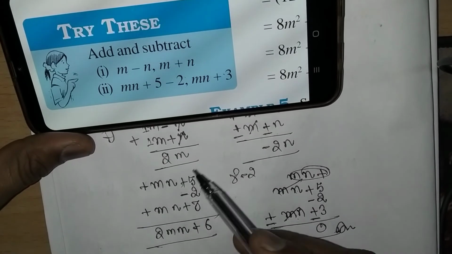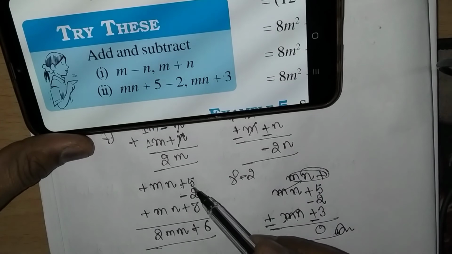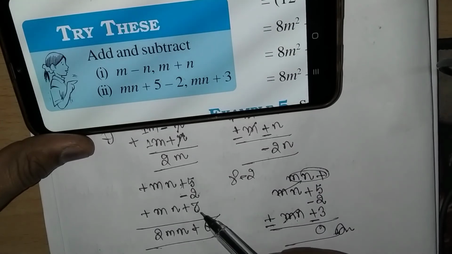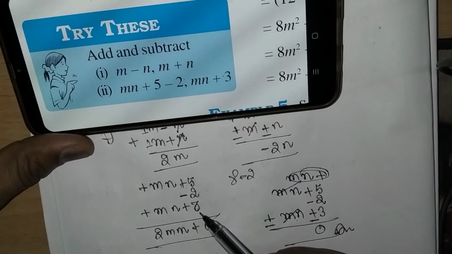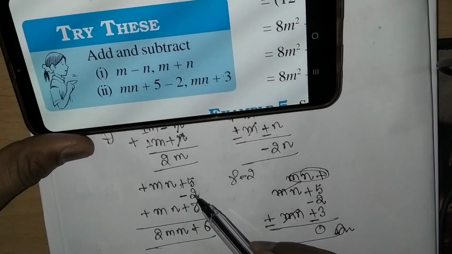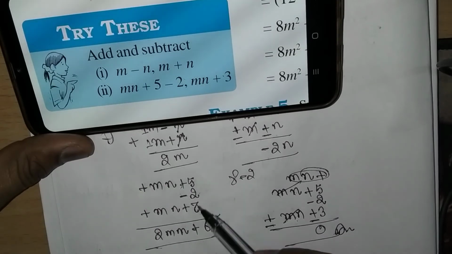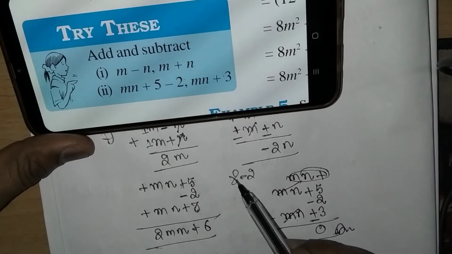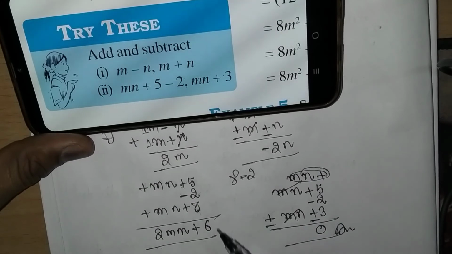Understood? And because these two are of same sign, we added them and then we subtract these two from the sum of these two. 8 minus 2 we got 6.